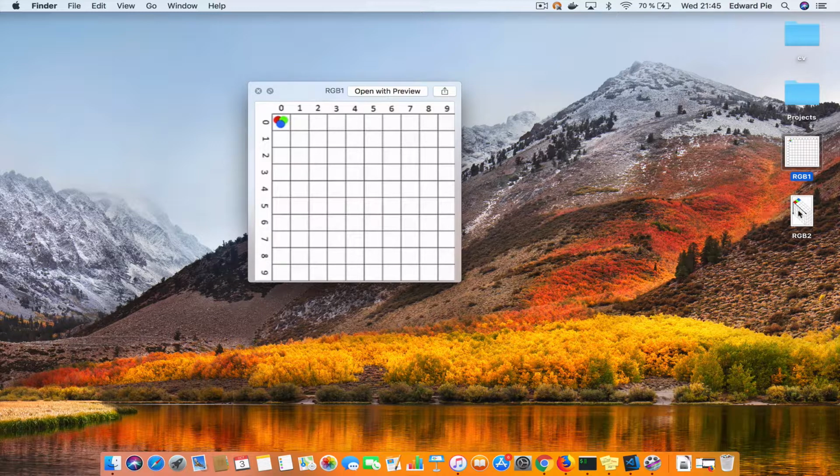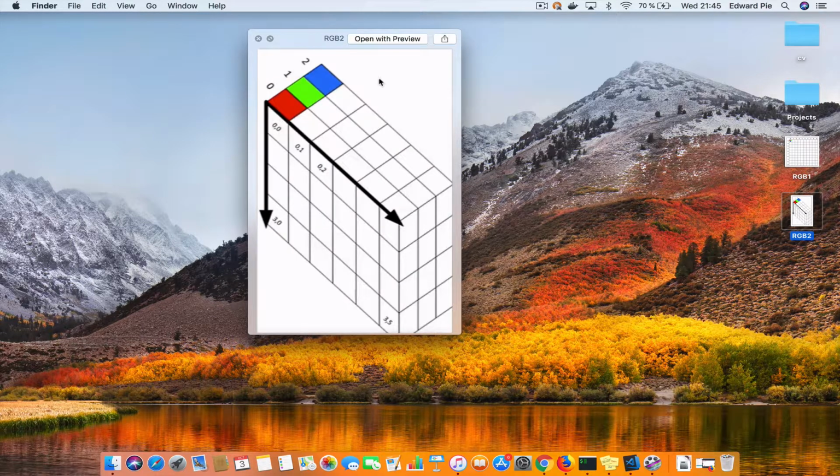I have this image here which should help you understand things better. It is actually a stack of the red, the green, and the blue channels.